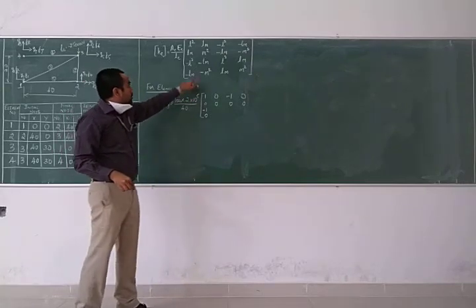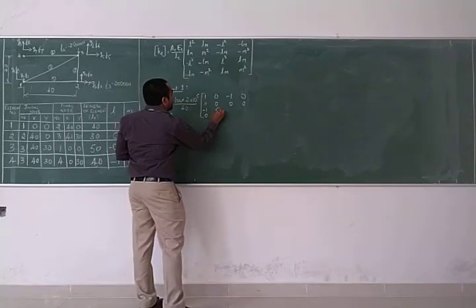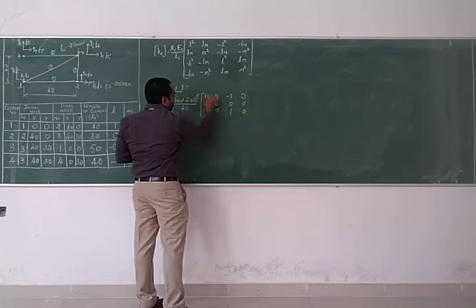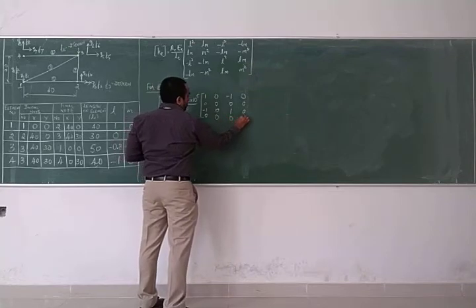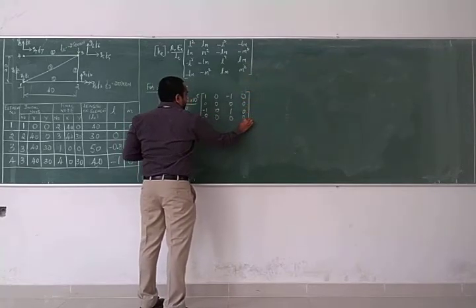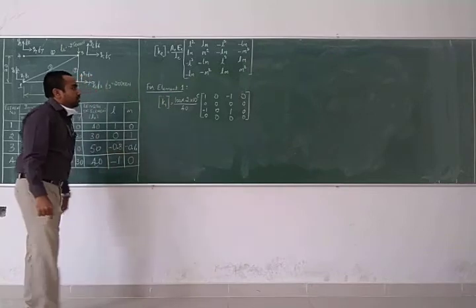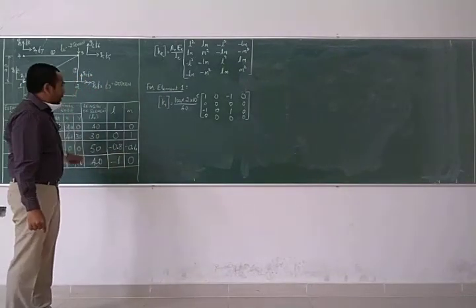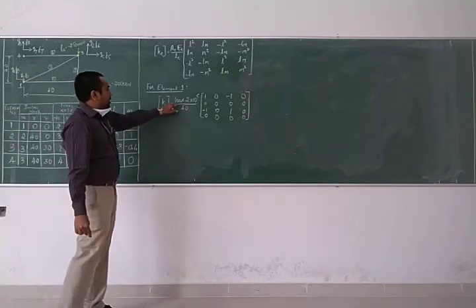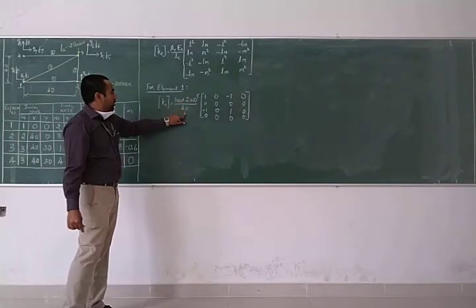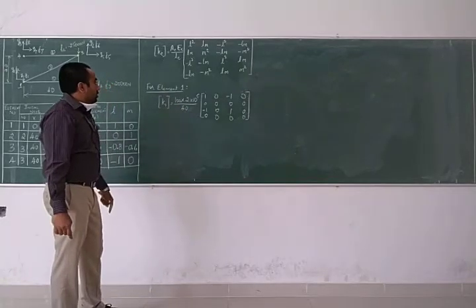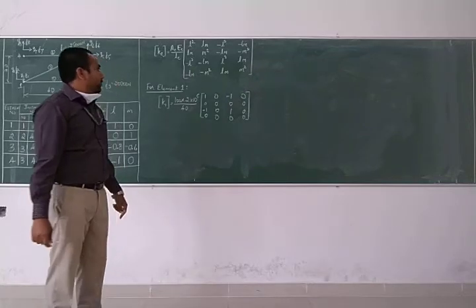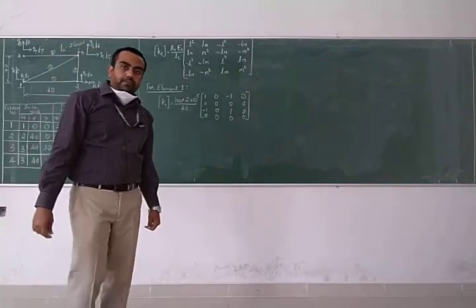Next, minus Lm is 0, L square is 1, Lm is 0, M square is 0, Lm is 0, M square is 0. This completes the matrix for element 1. So what is 100 into 2 into 10 to the power of 5 divided by 40? The value will be 5 into 10 to the power of 5.